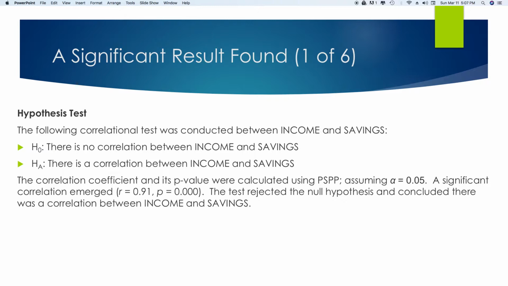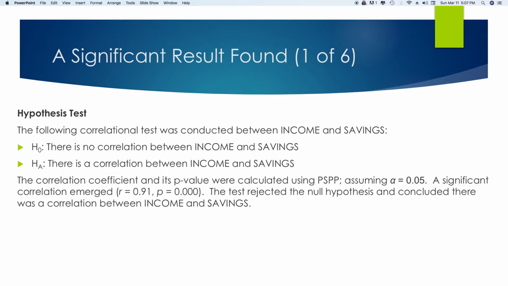A significant correlation emerged where r, or the correlation value, equaled 0.91 and p equaled 0.000. The test rejected the null hypothesis and concluded there was a correlation between income and savings. The reason that we rejected the null hypothesis is that the p-value is less than alpha.